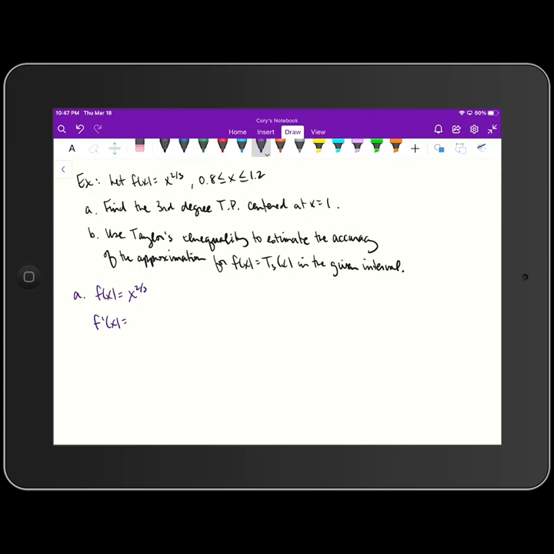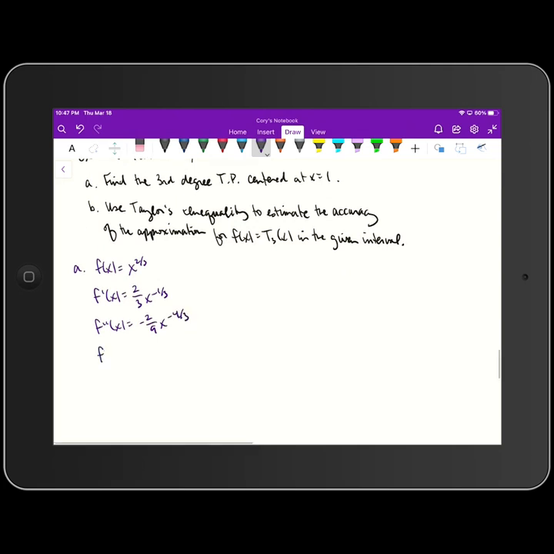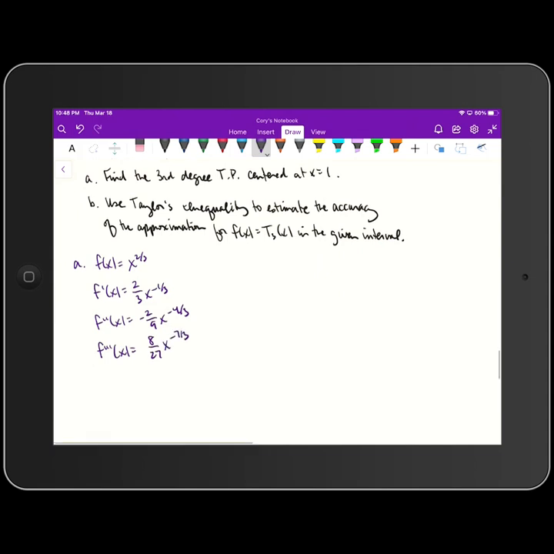Okay, so f prime of x is going to be 2/3 x to the negative 1/3 power. F double prime will be negative 2/9 x to the negative 4/3 power. F triple prime will be 8/27 x raised to the negative 7/3 power.